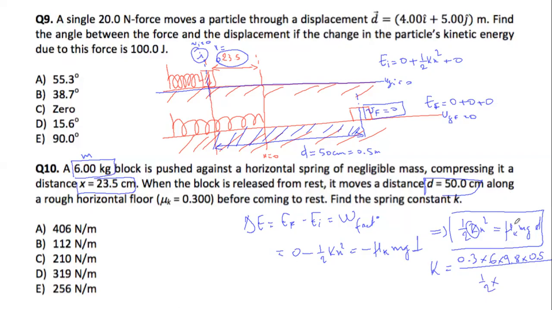So what is x squared? x squared is 0.235 squared. Okay. You do the calculation, obviously, and you get a spring constant of 319 Newton per meter.